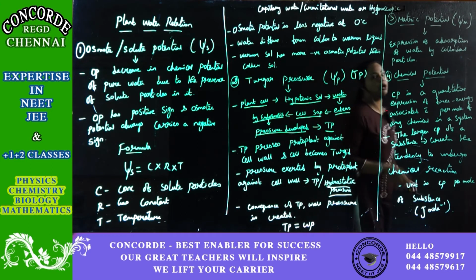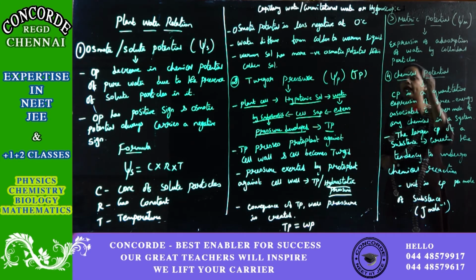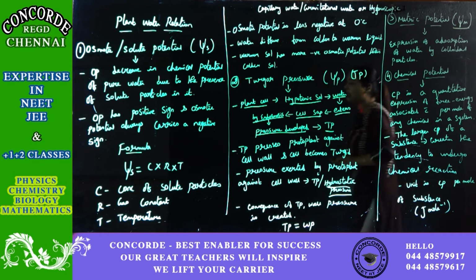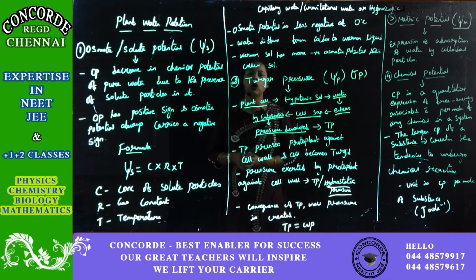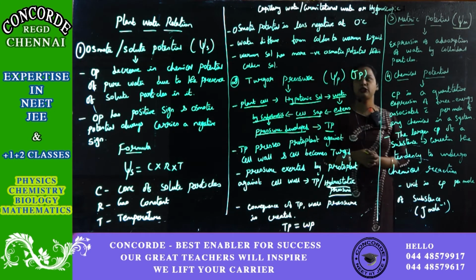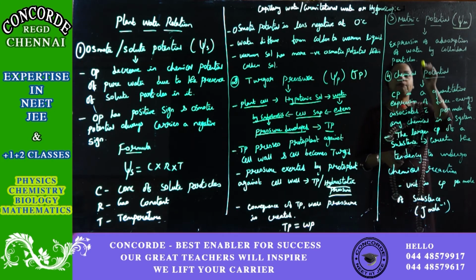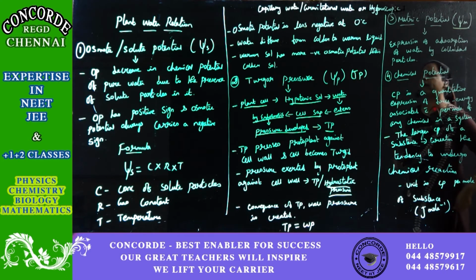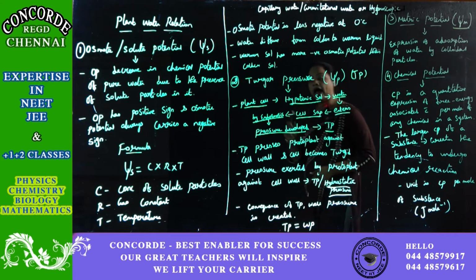The third one we are going to discuss in plant water relation is matric potential. Matric potential is not so important when we talk about plant water relation, because it is the expression of absorption of water by colloidal particles. I think I have already told you about imbibition, right?